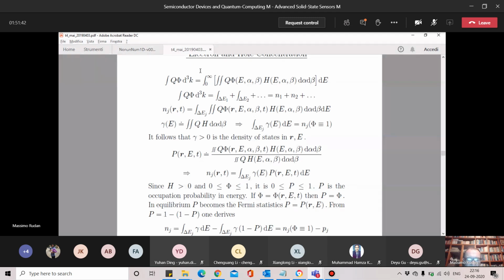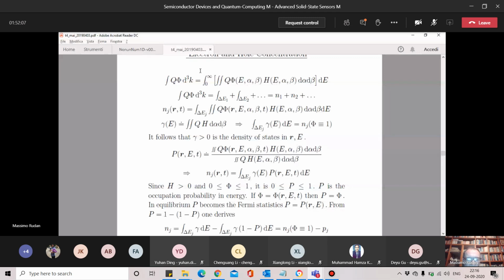And finally, if you multiply both sides of the expression that is defining P by gamma, and then you integrate over the band energy, you obtain again the expression of the third line.